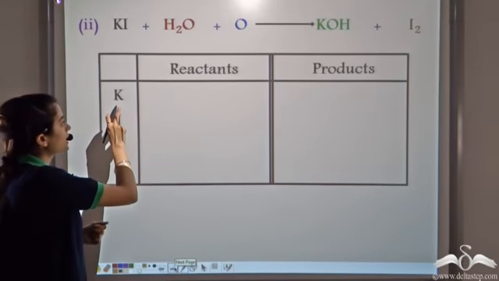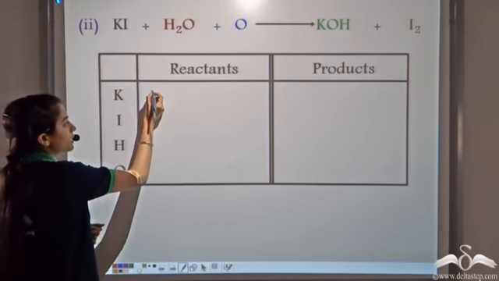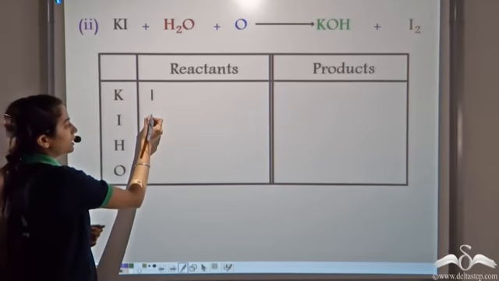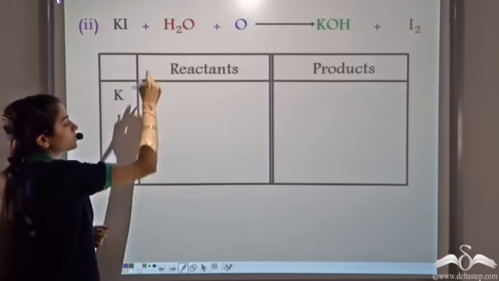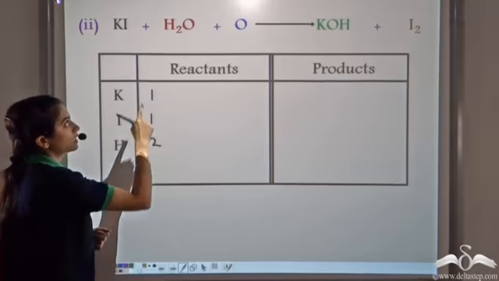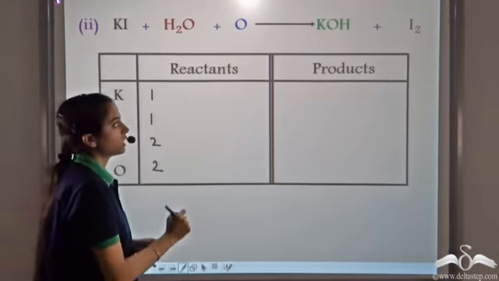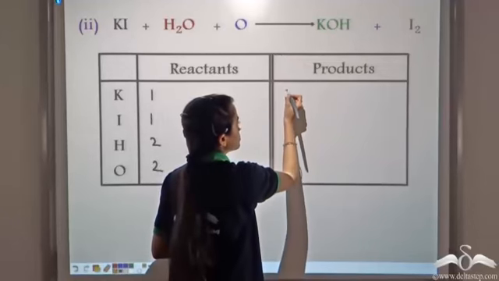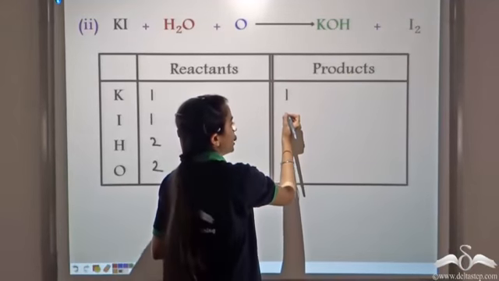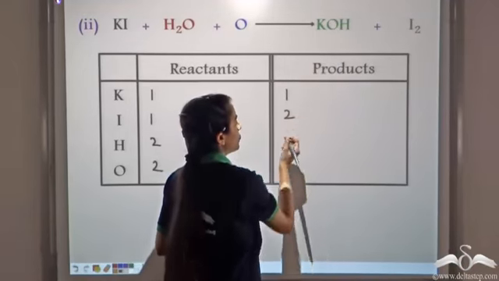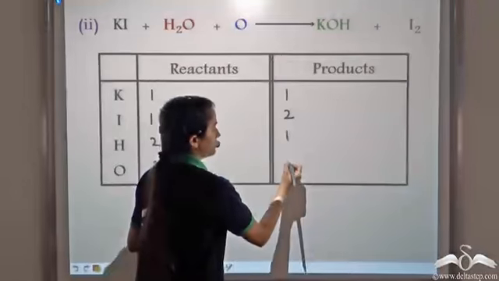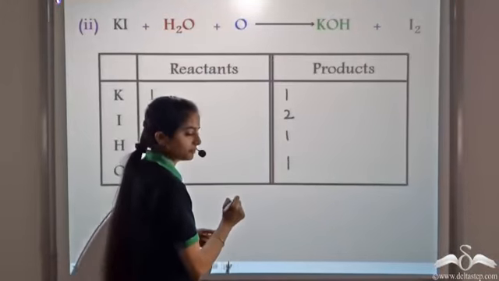So on the reactant side, we have 1 potassium atom, 1 iodine atom, hydrogen we have 2 atoms, and oxygen 1 plus 1, 2. On the product side, we have 1 potassium atom, 2 iodine atoms, 1 hydrogen atom, and we have 1 oxygen atom.